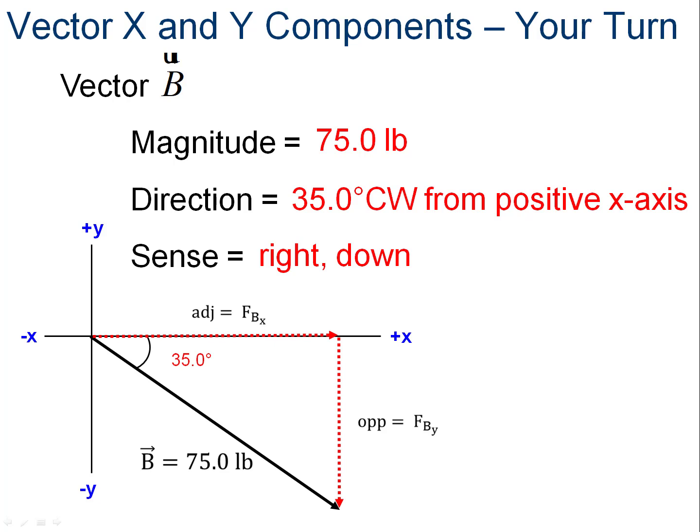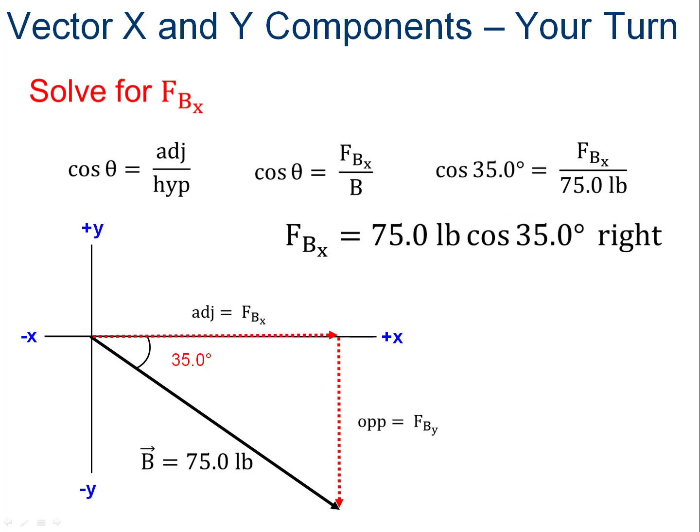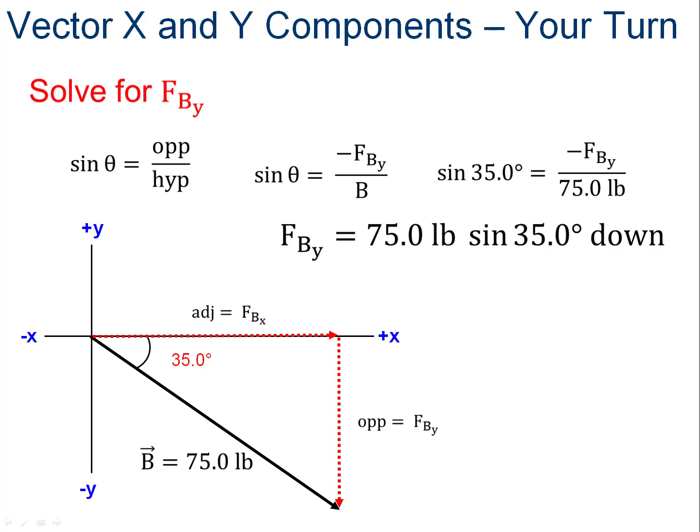Now I can do that same vector going down at 35 degrees, and guess what? The numbers are the same. When I solve it, I get 61.4 pounds to the right, and I get 43 pounds down. Now it's important that we note that that 43 pounds down is negative. It's down, negative, because up, right, and counterclockwise are positive when we're dealing in statics.